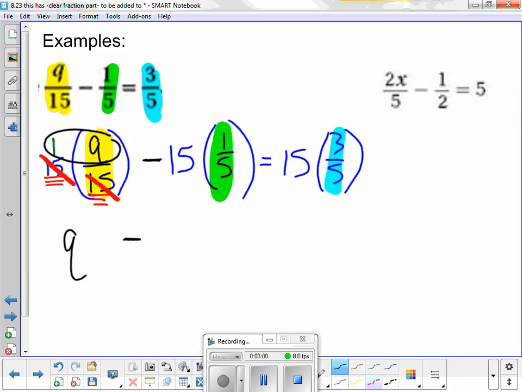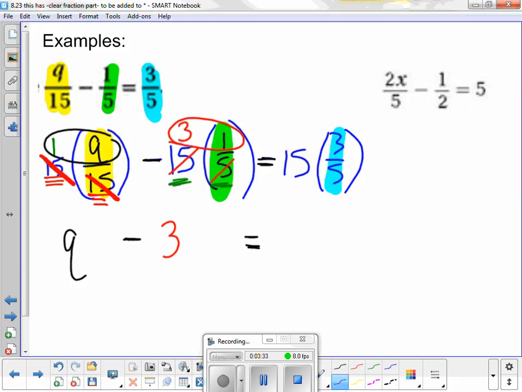And then looking at this term, this 15 and this 5 are not the same. What is 15 divided by 5? The 5 cancels, and 15 divided by 5 is 3. And then I multiply that number by what's up top. 3 times 1 is 3. Then bring down the equals.